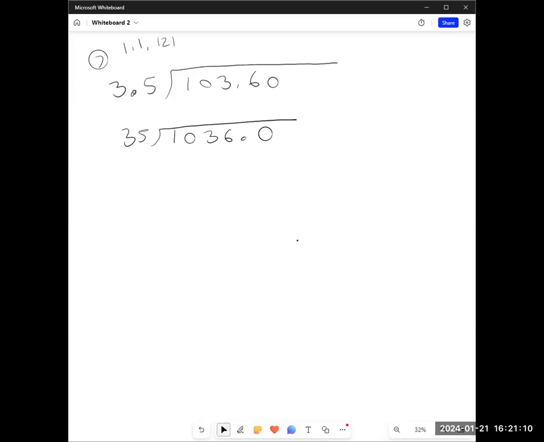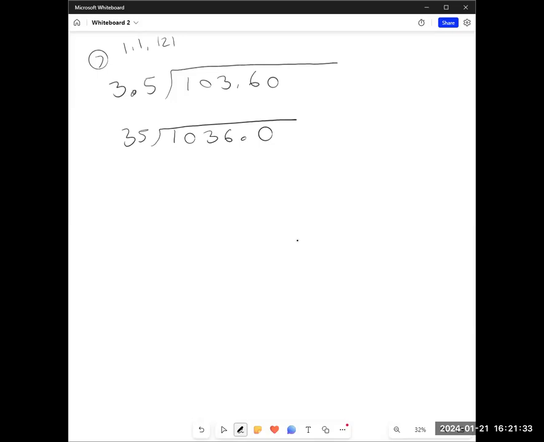Shifting the decimal points both on the inside and outside doesn't change the problem at all because this is like a fraction that we've multiplied by 10 over 10 to slide the decimal points like that, and that didn't change the value of the fraction one bit.